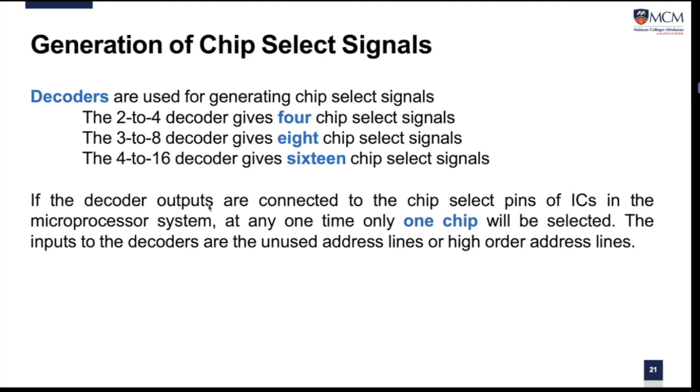The 4 to 16 decoder gives 16 chip select signals. Now, if the decoder outputs are connected to the chip select pins of ICs in the microprocessor system, at any one time, only one chip will be selected. The inputs to the decoders are the unused address lines or high-order address lines.